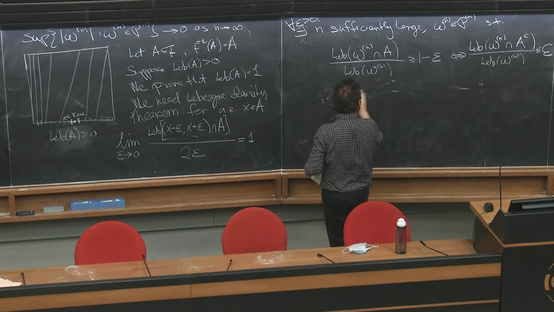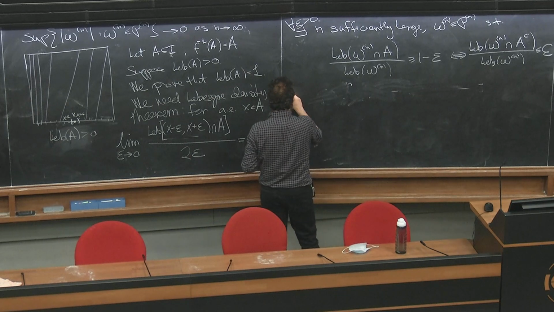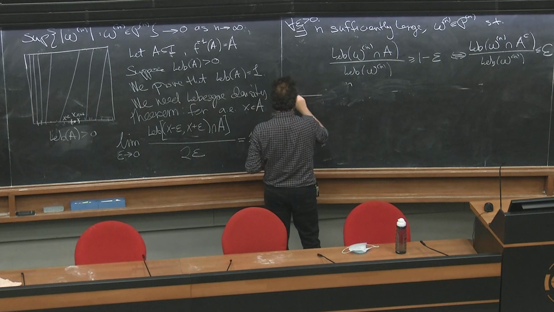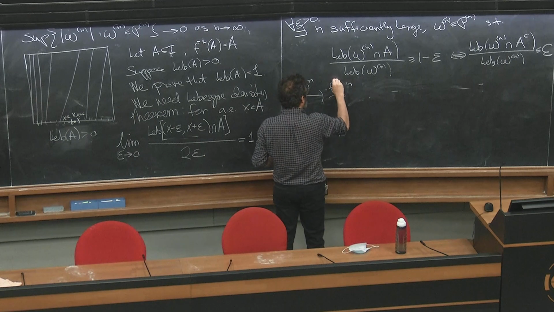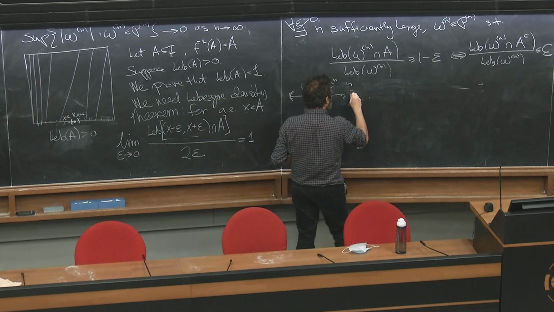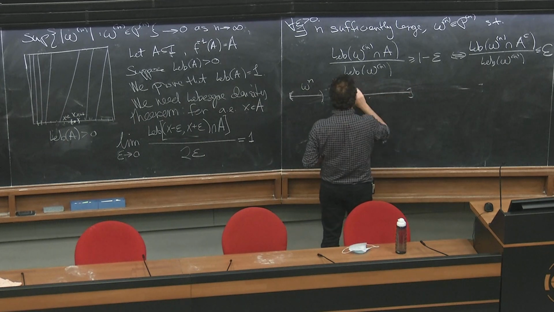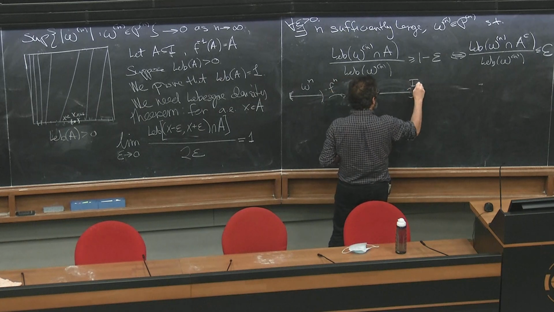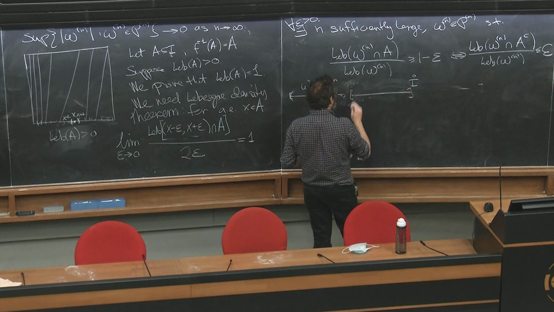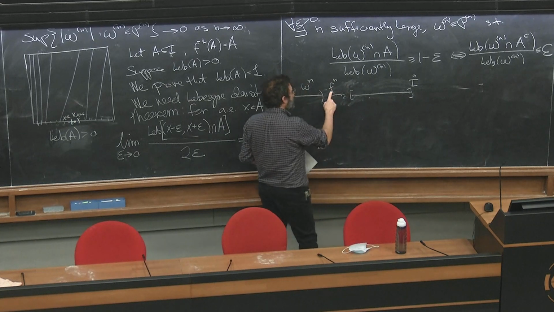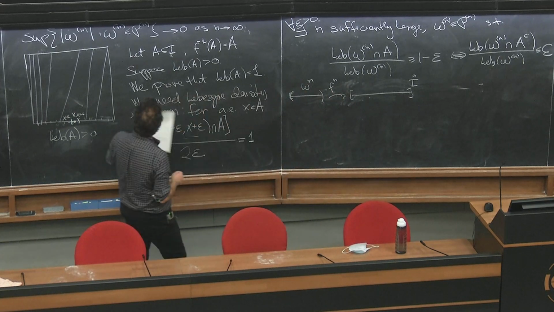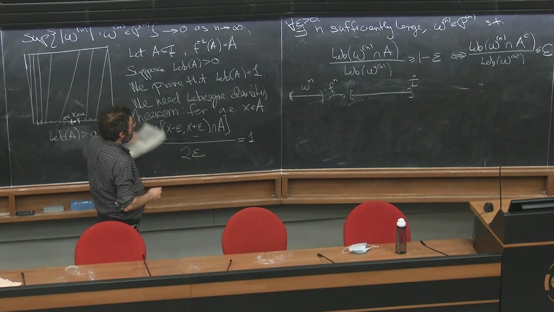Wait, sorry, let me draw it a little bit here. So omega n by Fn maps to the whole interval I. This is the interior of I, Fn. And this map here is affine, right? Because we have an affine map here.